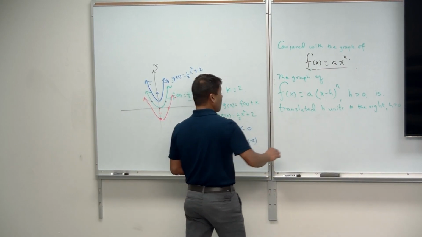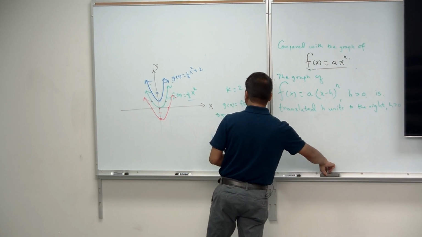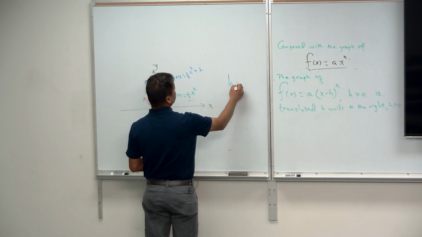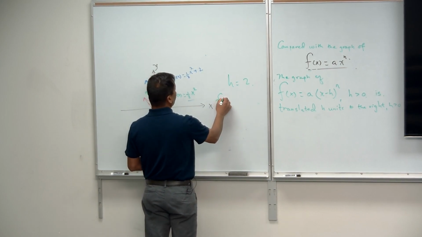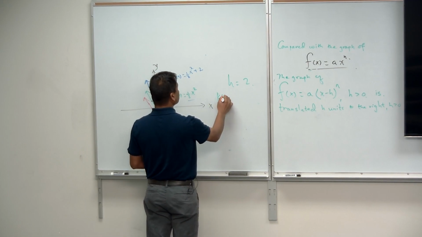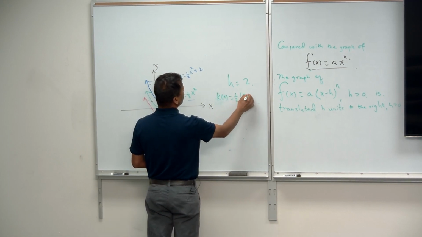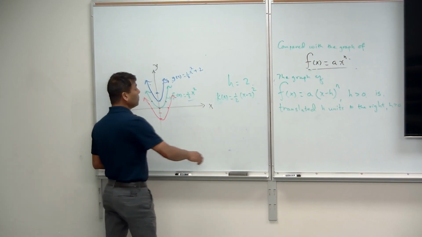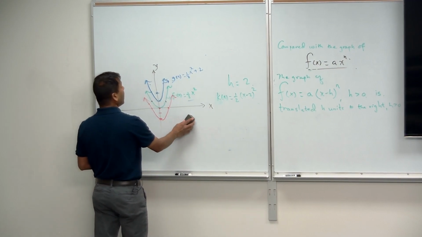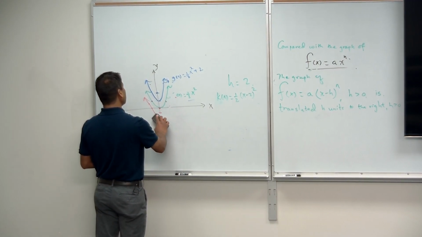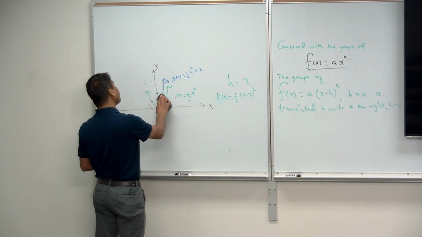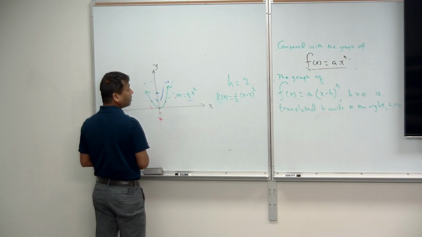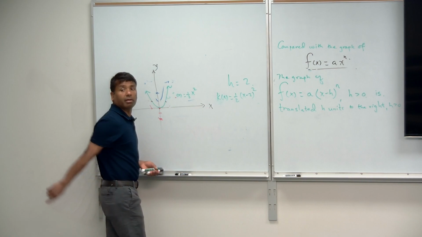So what does that mean? That means, let's say you have h equals 2. If k(x) equals half (x minus 2) squared, what does that mean? You have the graph of half x squared, the green one. The green one is shifted how many units? 2 units to the right.